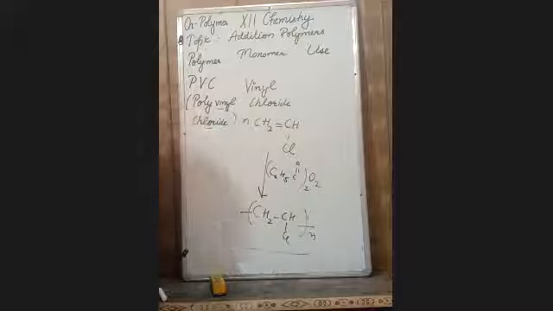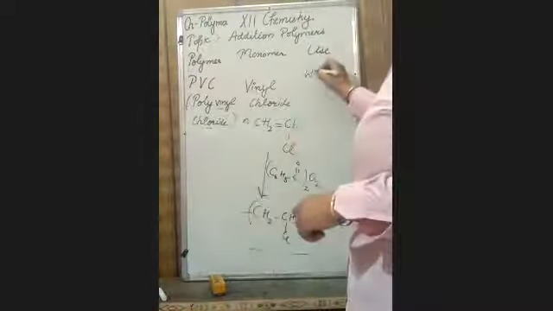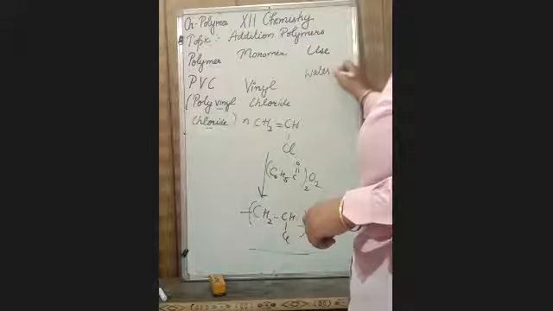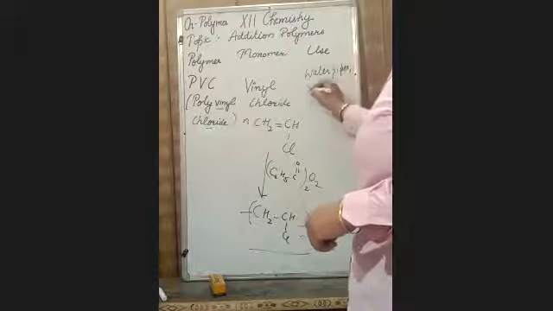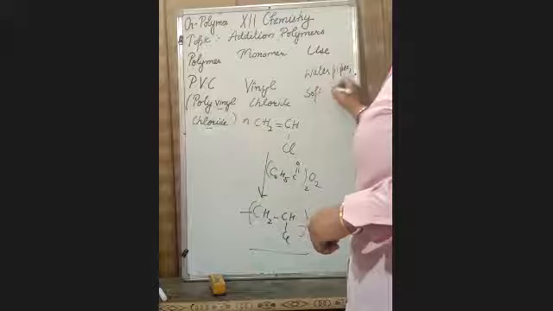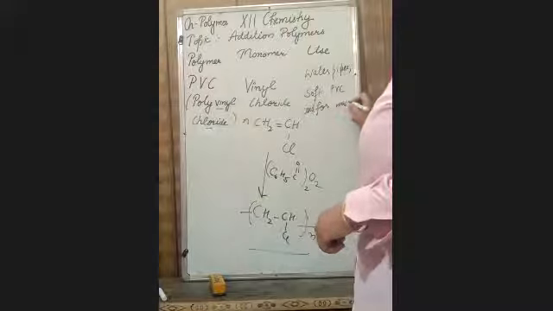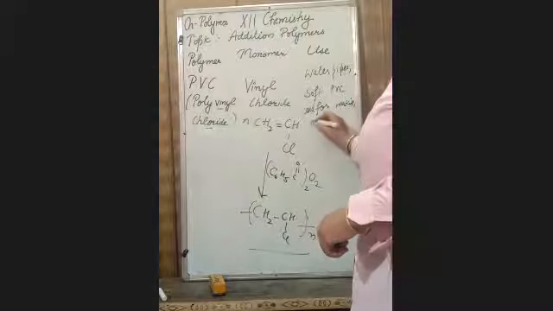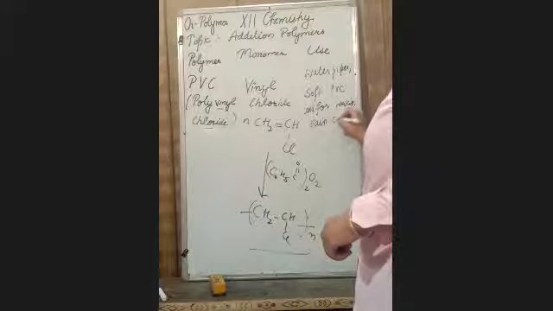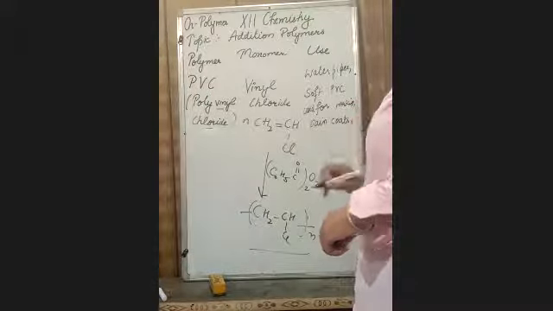So it is used in water pipes, and soft PVC is used for making raincoats, and used in wall decoration also.